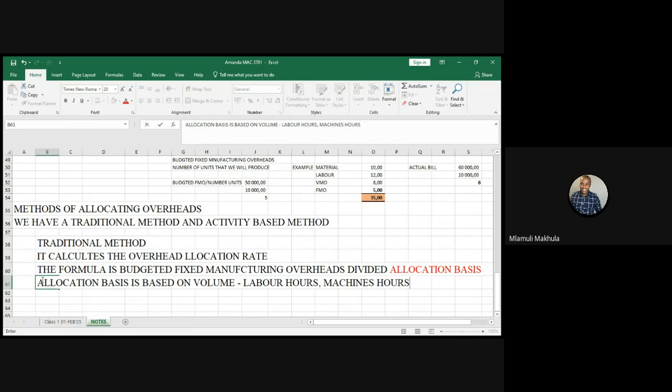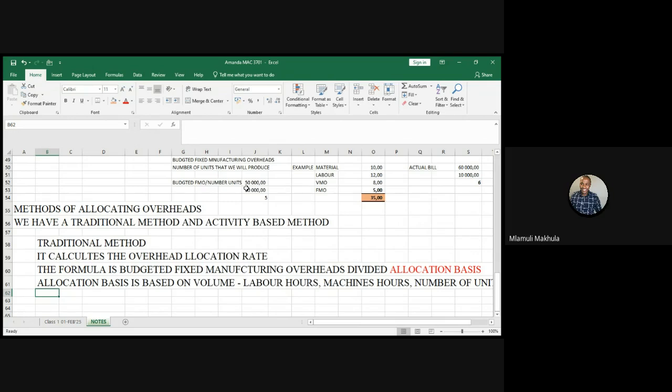It could be number of units. What else? It could be production hours. And you can see in our example, we used the number of units. But your allocation basis can be anything, madam.